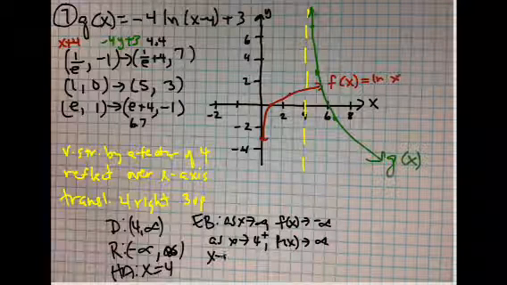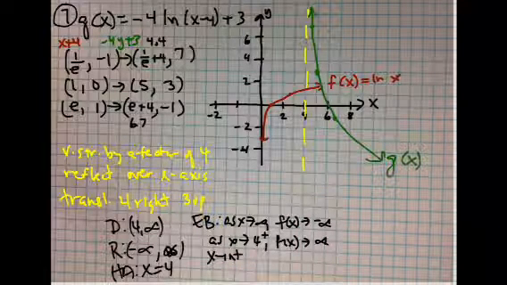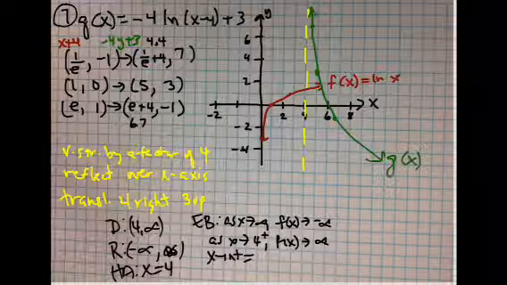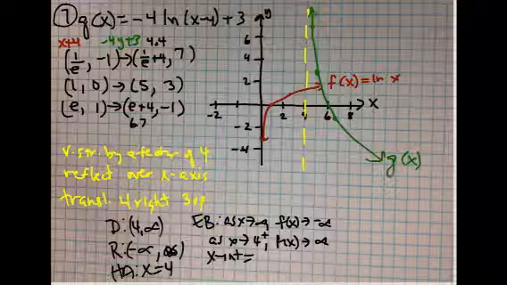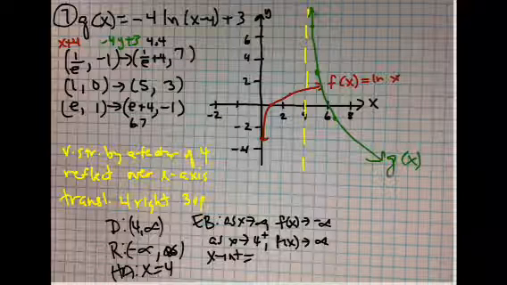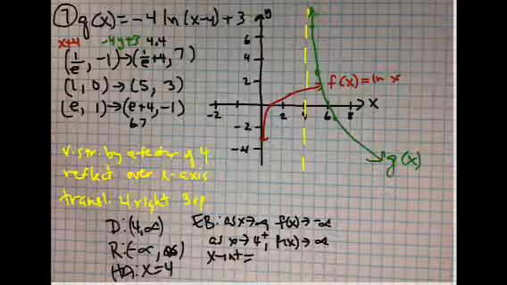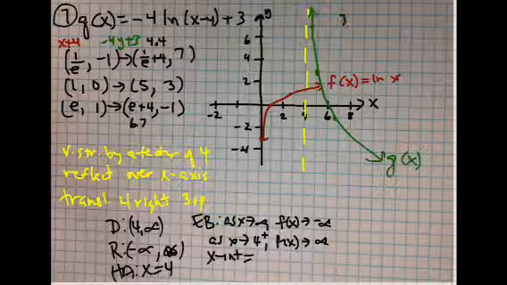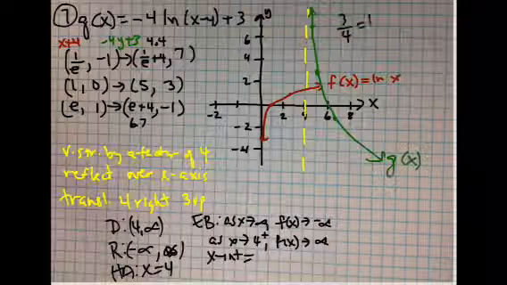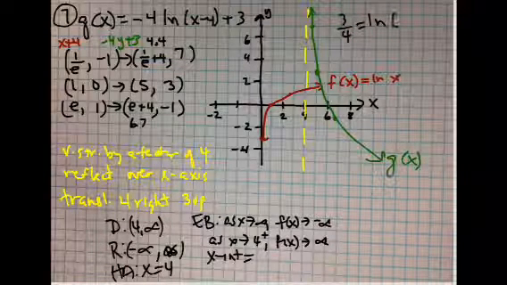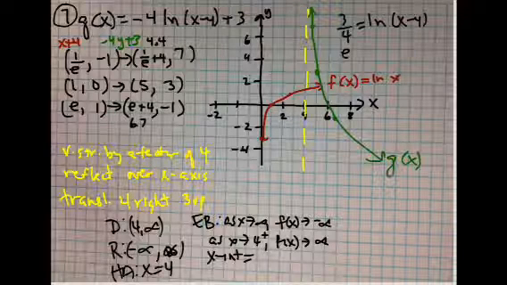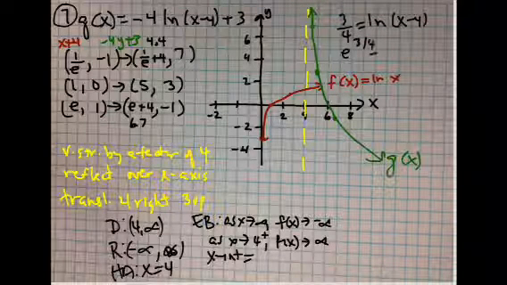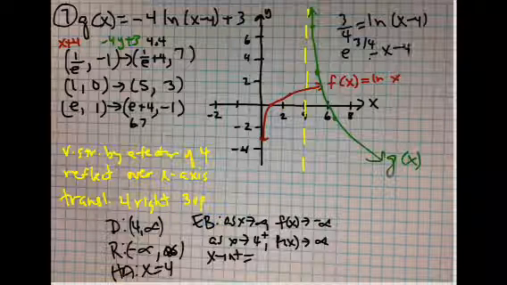The x-intercept: replace the x with a 0 and subtract the 4. So after you do all that, you get 3/4 equals natural log of x minus 4. And so that's e to the 3/4 equals x minus 4.